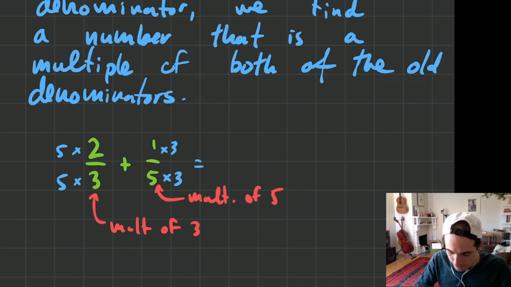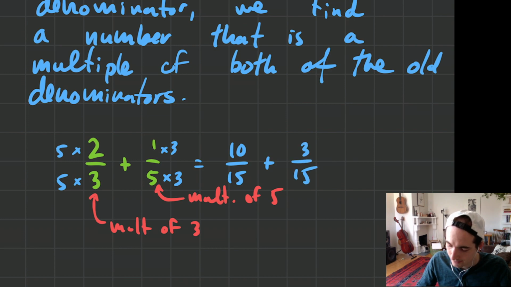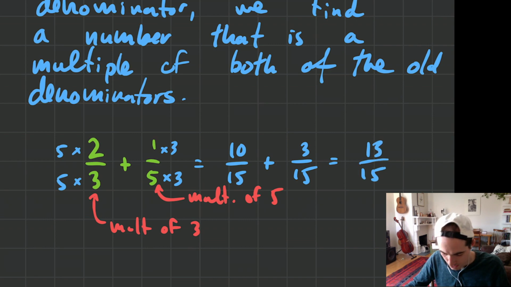Then we have 10 over 15 plus 3 over 15, and look at that, it's beautiful. The first one is an equivalent fraction, the second one is another equivalent fraction, but now they have the same denominator, so they're compatible with each other, they're alike, so we can add them, and by adding them we just add the numerators together. We get 13 over 15, and we're done, and that's how you add fractions.